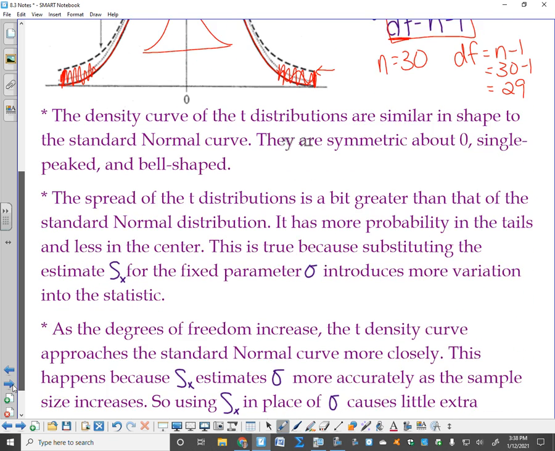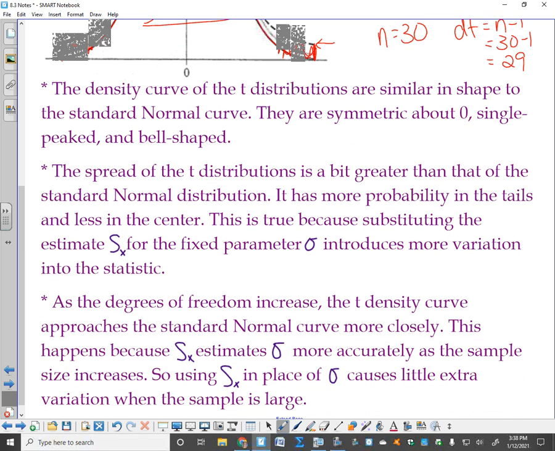The density curves of the t-distribution are similar in shape to the standard normal curve. They are symmetric about 0, single-peaked, and bell-shaped. The spread of the t-distribution is a bit greater than that of a normal distribution. So it has more variability, it has more probability in the tails, and less in the center.